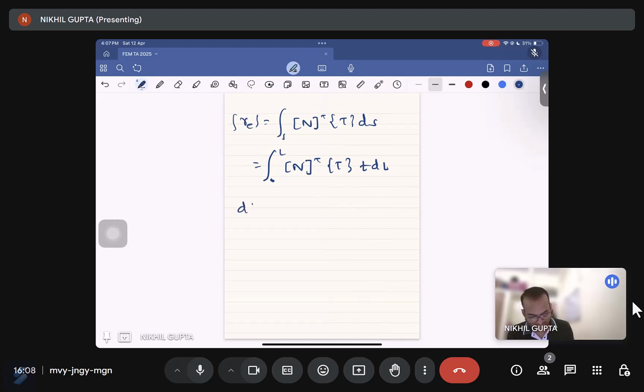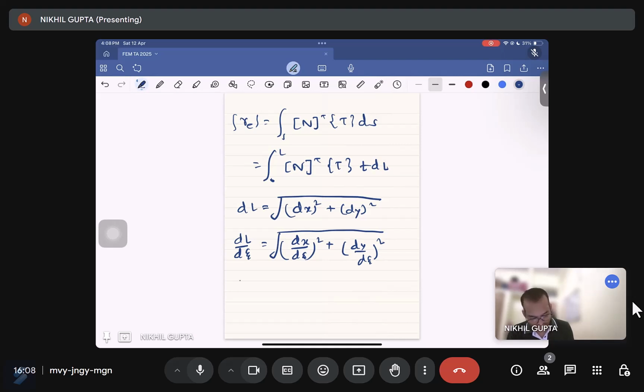So what dL will be, it will be the square root of dx whole square plus dy whole square. This we have already studied in the mathematics. So dL by dxi will be the square root of dx by dxi whole square plus dy by dxi whole square.